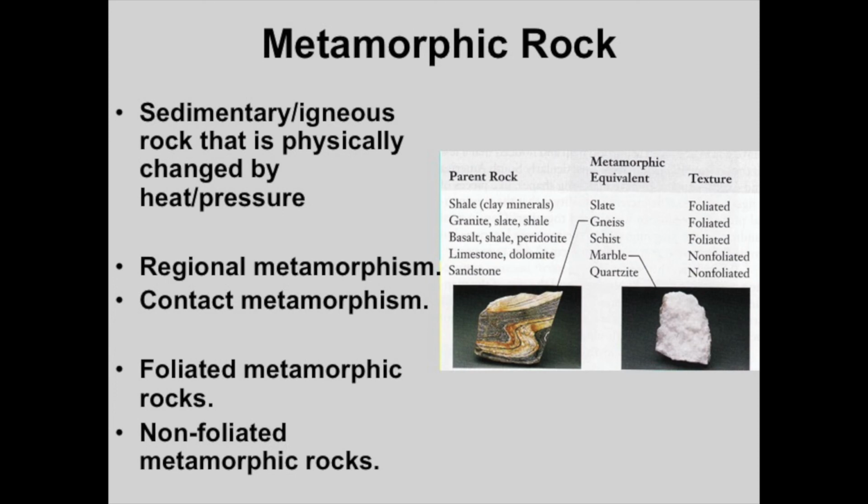The parent rock in this case may not be uniform in its texture and composition, and then it results in these very dramatic kinds of waved visible forms. A rock like gneiss is an example of a foliated metamorphic rock.